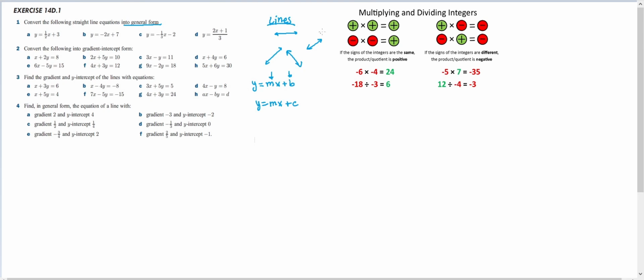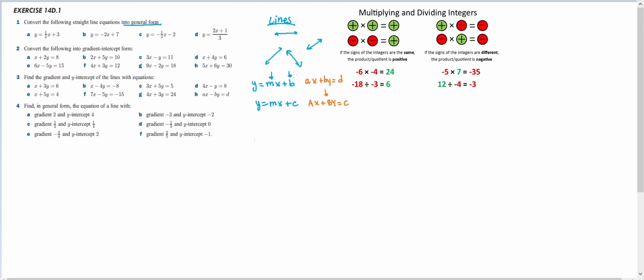And there is another form of the line that we learned, and it was ax plus by equals d. Why not c? I don't know. I like to do it like this: ax plus by equals c, because I think this makes more sense to me.